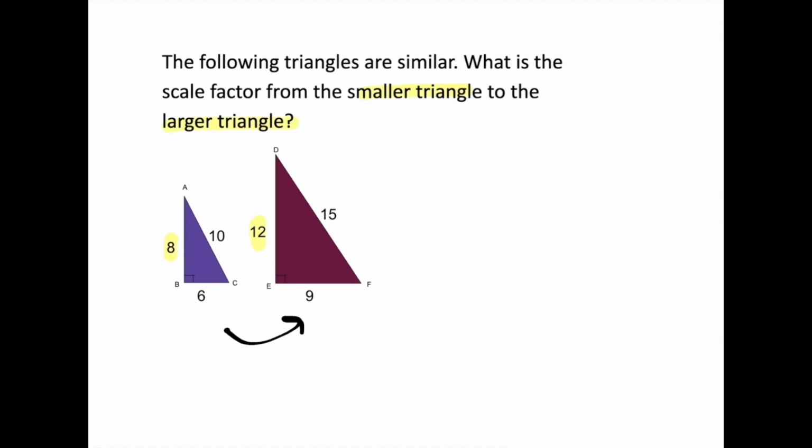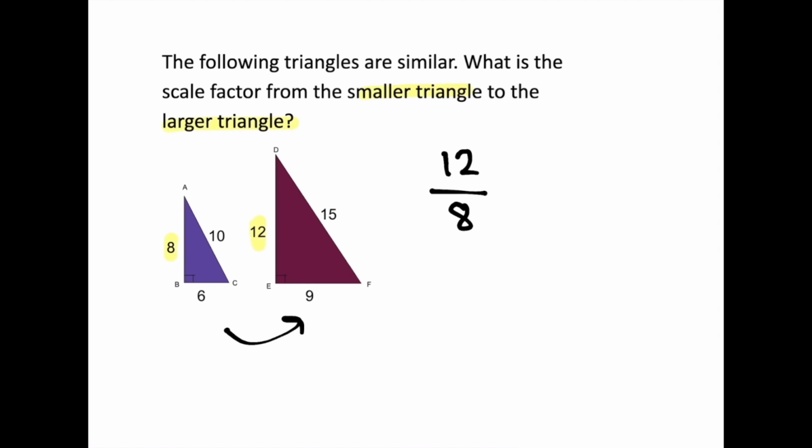Now that we have our corresponding parts, the next step is to put those corresponding parts in a ratio or a fraction. Now, since we're finding the ratio from the smaller to the larger, we know that we're going to have a ratio that is bigger than 1 because our triangle increased in size. So we need to put the corresponding side on the larger triangle in the numerator. That's 12. And then we're going to put the corresponding side of the smaller triangle in the denominator.